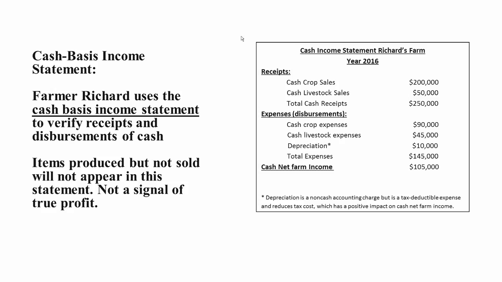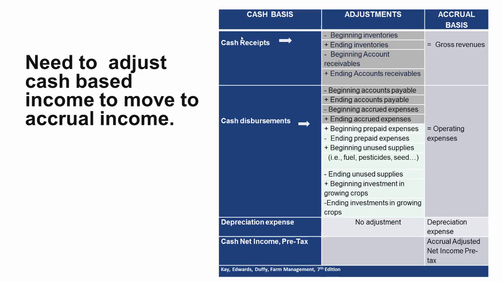We realized, though, that we want to have a more precise account of the values produced during this year, and that's why we need to adjust to accrual basis. The Farm Financial Standards Council recommends applying accrual adjustments to your cash-based income statement on an annual basis.